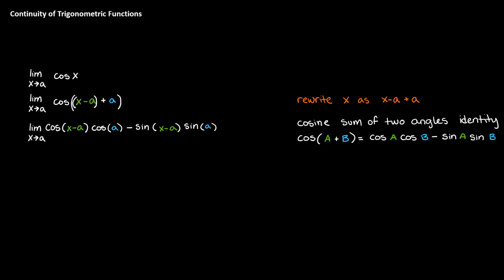We're going to split the x minus a plus a into two groups. X minus a will be one group, and the plus a will be its own separate group. And that way we can use this sum of two angles identity. So rewriting our cosine of x minus a plus a using this identity, we now have multiple terms that we can apply the limit laws to.